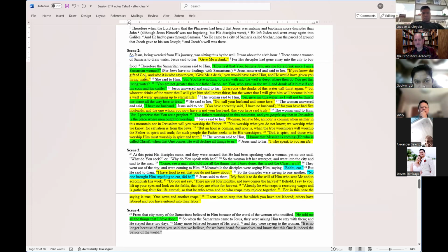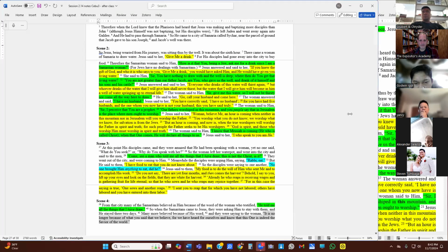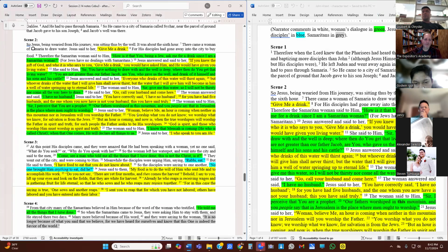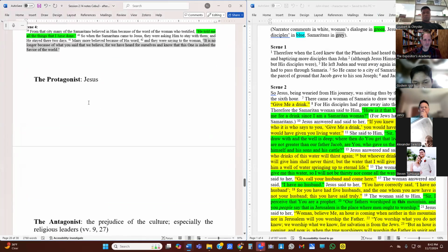But when we're doing character analysis, we want to look at the story as a whole. Okay? So with that being said, we want to consider what are some key statements or actions by the protagonist, by Jesus, in this particular story?